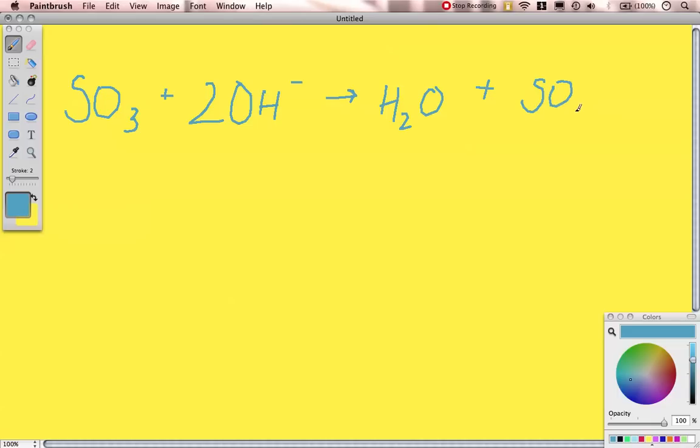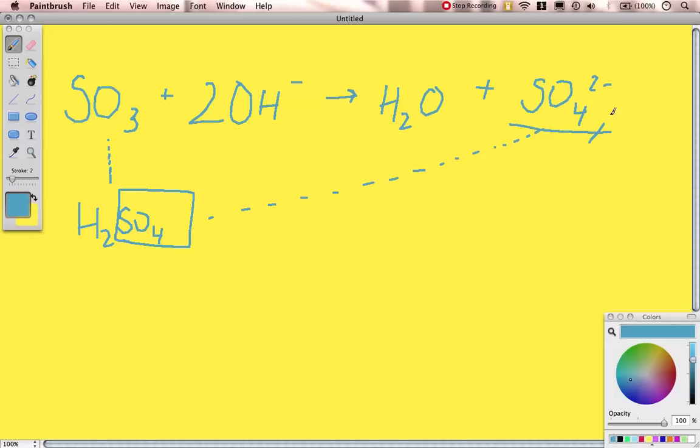Sulfate ions, SO4 2 minus. And that is because sulfur trioxide reacts with water to form H2SO4, and the polyatomic ion of sulfuric acid and the one formed in the reaction with the hydroxide is SO4. So hopefully you guys can see a little bit of a pattern evolving there.